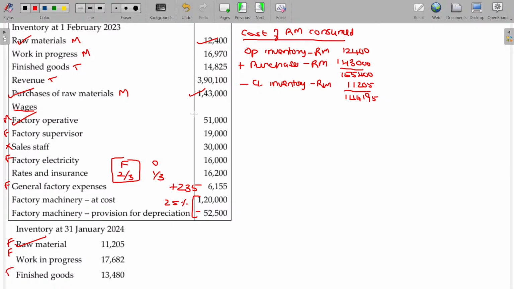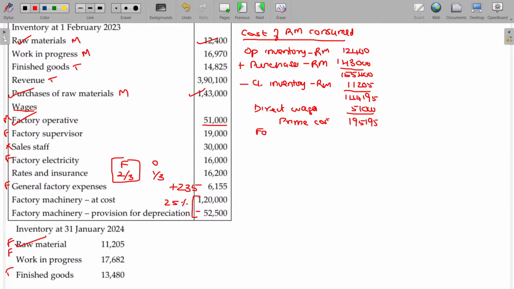And wages, direct wages 51,000. We don't have the royalty, so the total being prime cost. The prime cost in this case being 1,95,195.